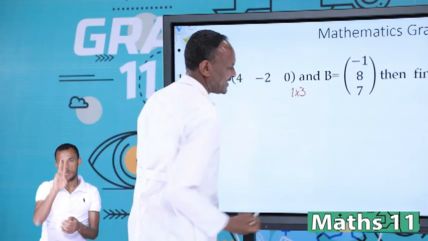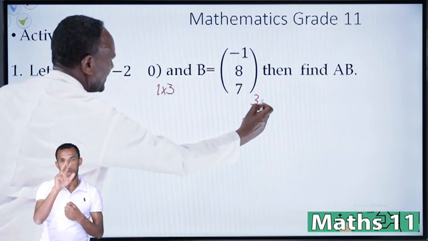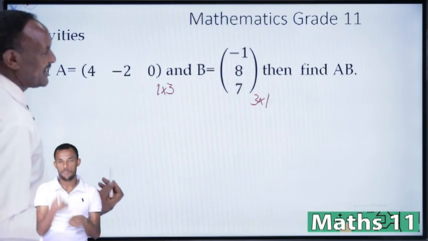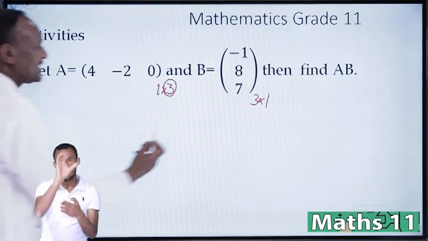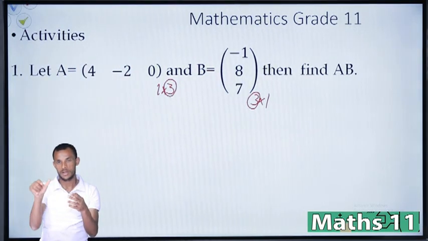B is a column matrix; it has 3 rows and only 1 column. So multiplication is defined because the number of columns of the first matrix is exactly equal to the number of rows of the second matrix.